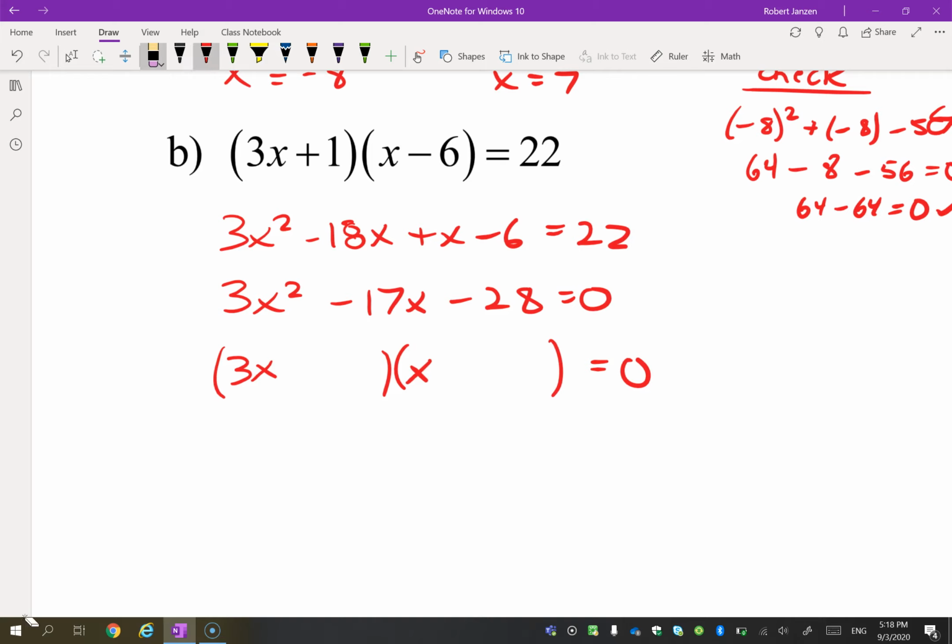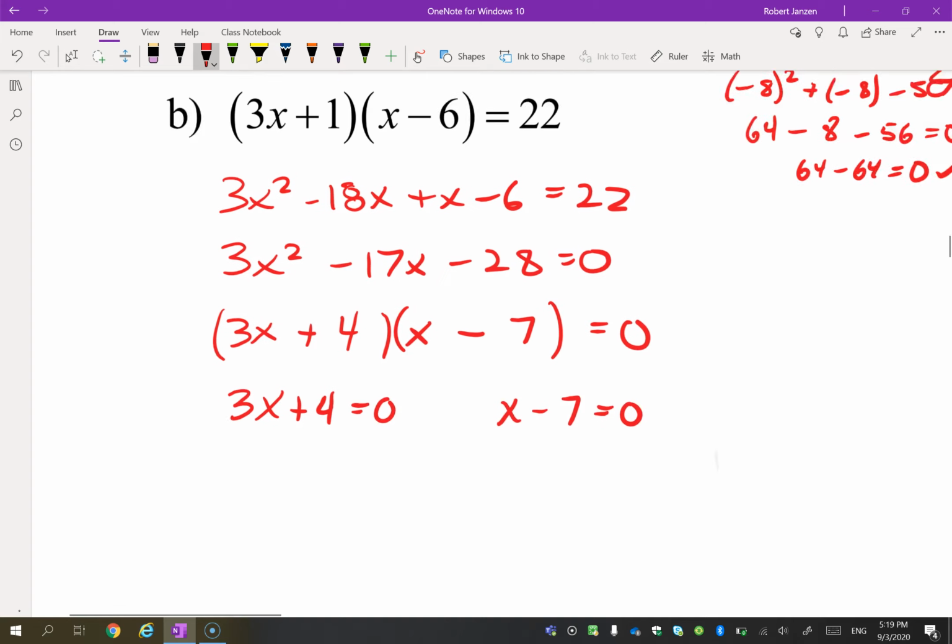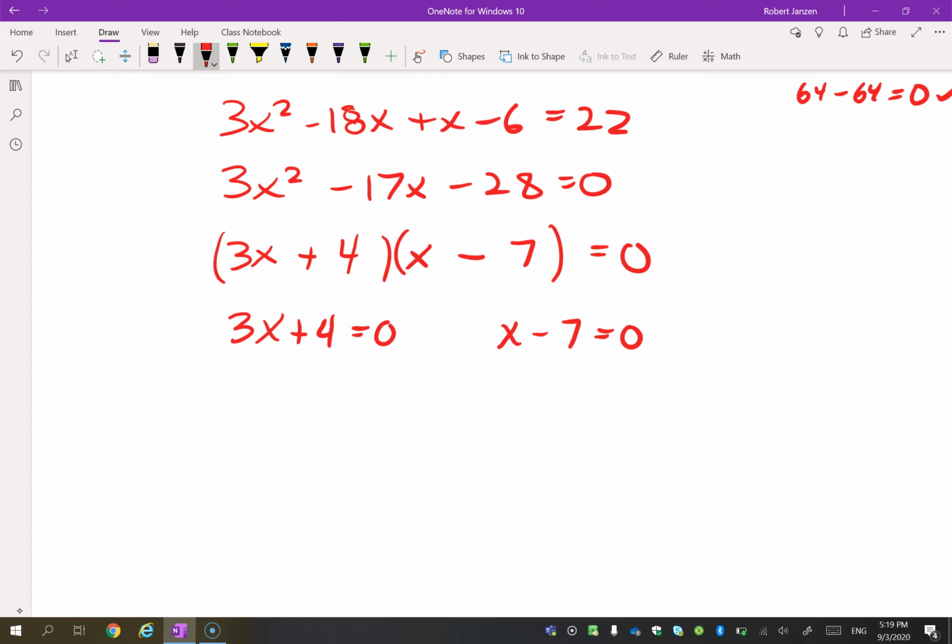Let's try something else. Let's switch those around. Let's try 7 here and 4 here. We want it to be negative, so the bigger number should be negative and the smaller positive. Does that work? If you check it, yes it does. So that means 3x plus 4 equals 0 and x minus 7 equals 0.